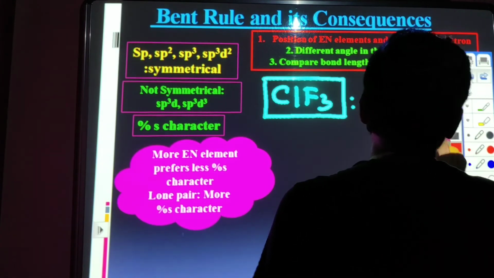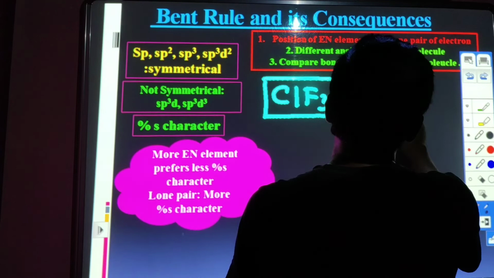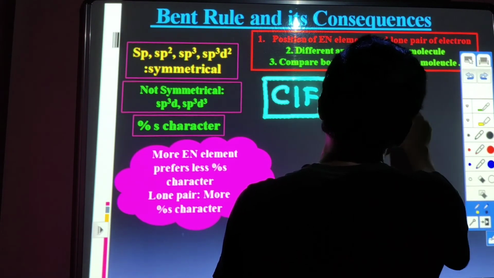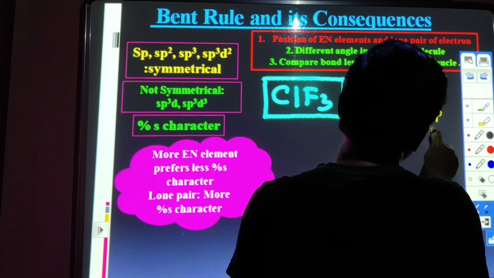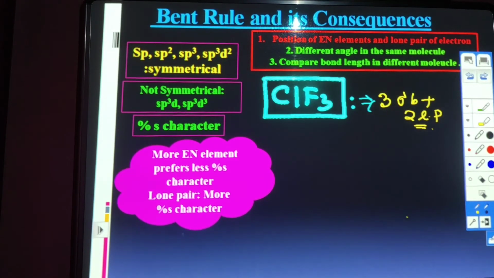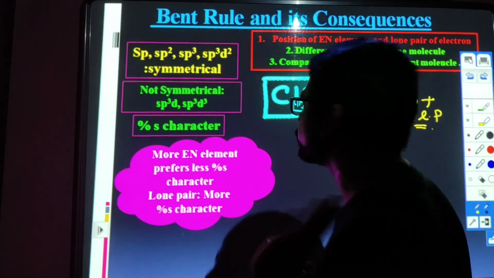But I told you, 3 sigma bond pairs plus 2 lone pairs. See, Bent's rule here also gives the same result, I mean for the positions. I will show you that.